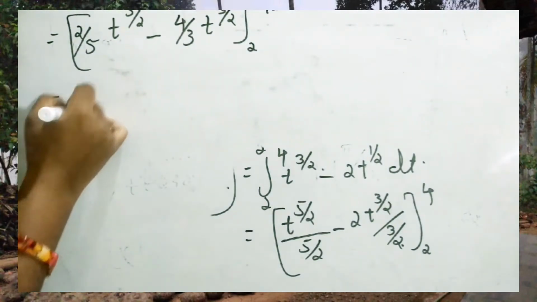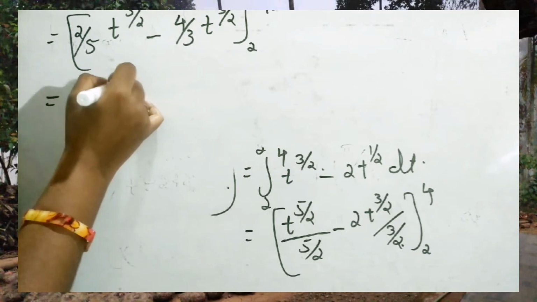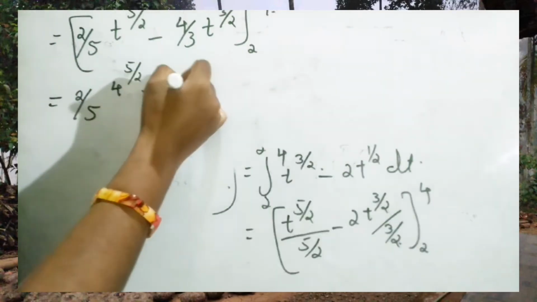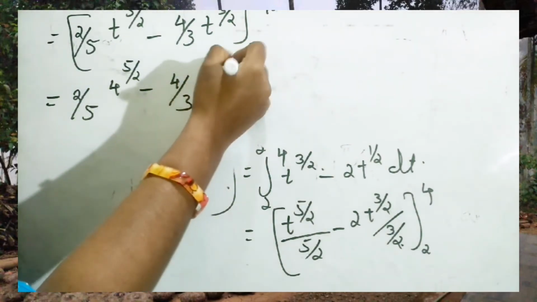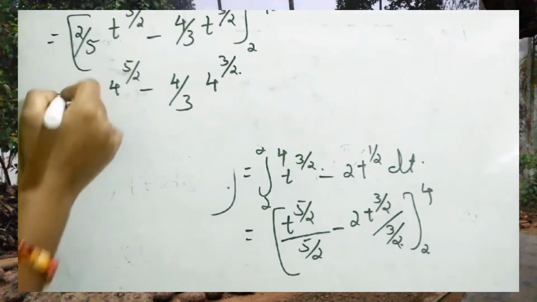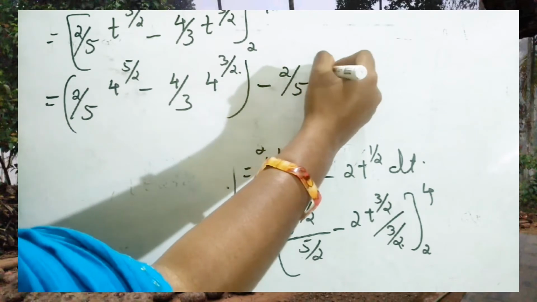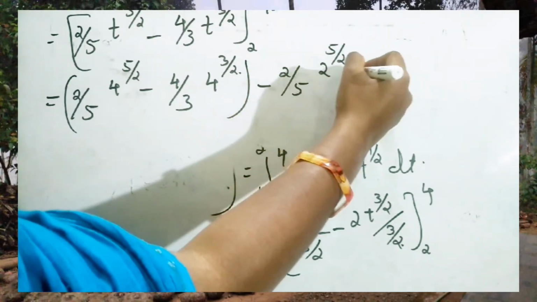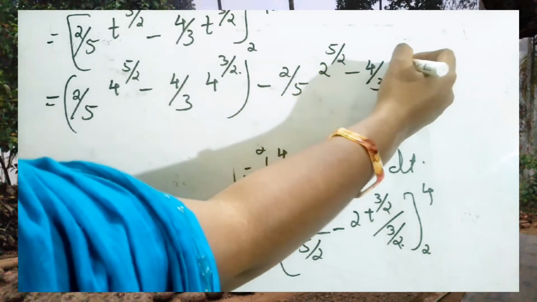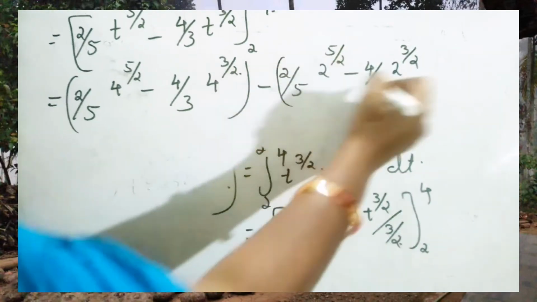Now this is equal to 2 by 5 into 4 raised to 5 by 2 minus 4 by 3 into 4 raised to 3 by 2, minus 2 by 5 into 2 raised to 5 by 2 minus 4 by 3 into 2 raised to 3 by 2.